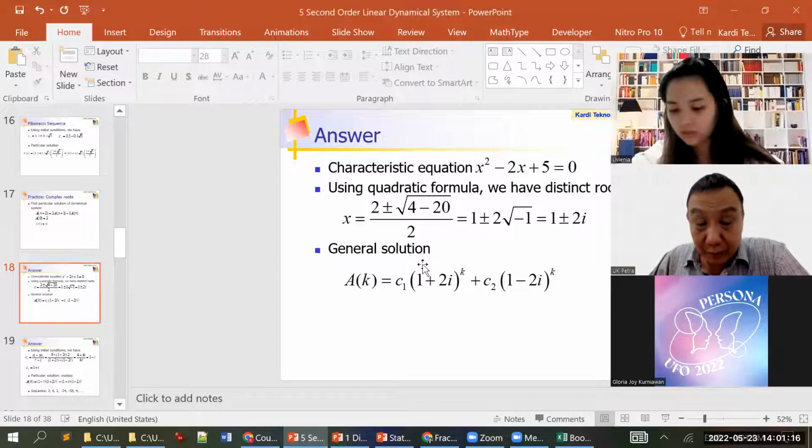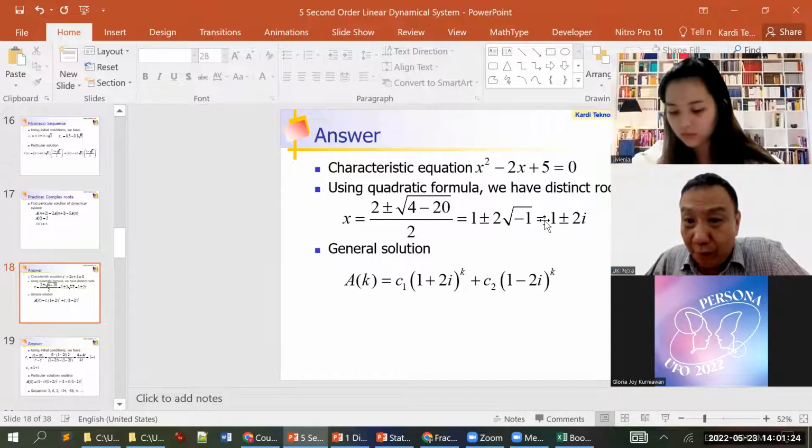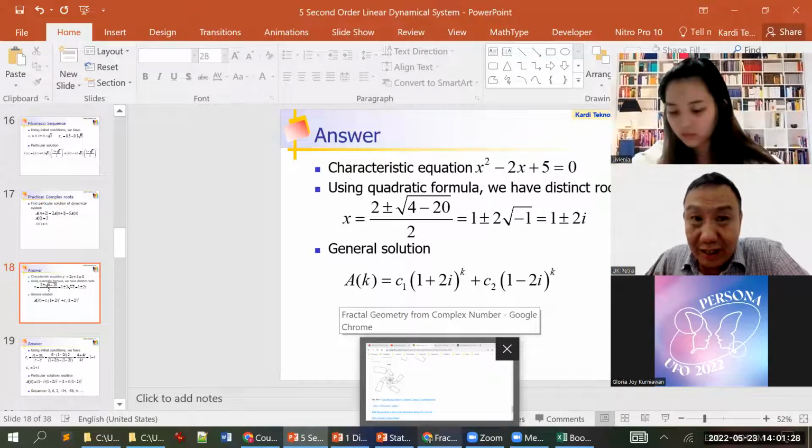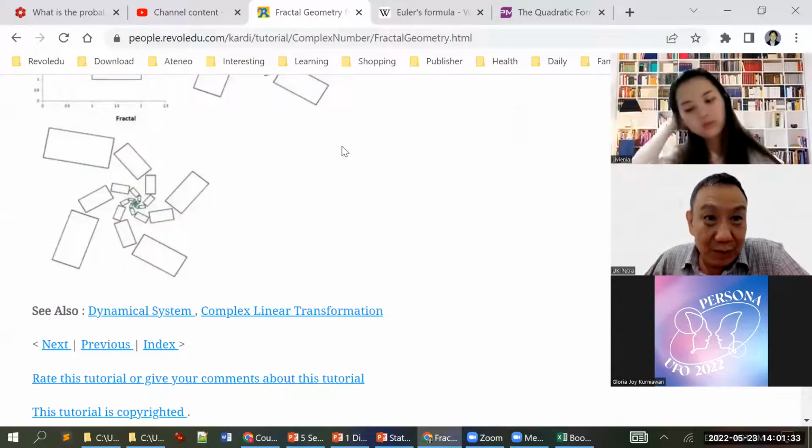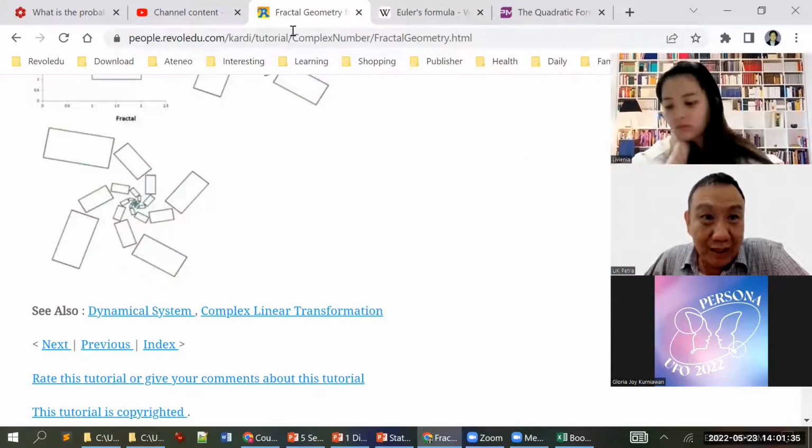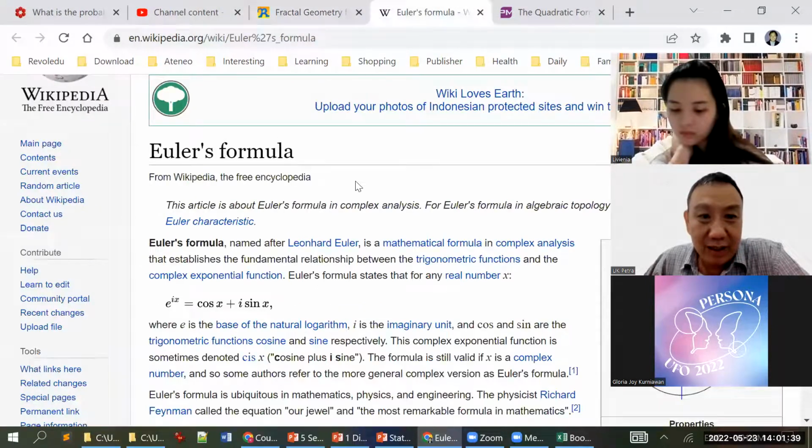So what we have is a complex number here, right? And why is complex number important? Because of what is called Euler's formula. You go to Google and search Euler formula on Wikipedia.